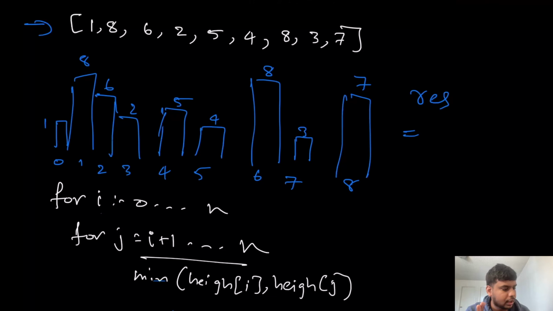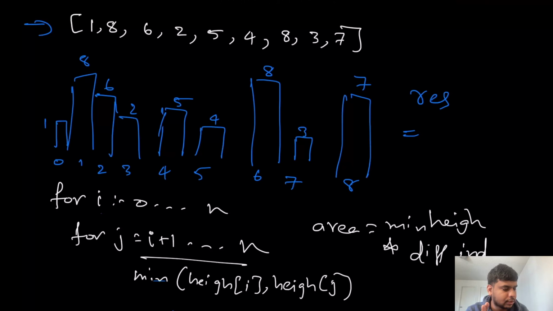Then the area will just be min height into the difference of index, whatever the difference j minus i is. So you will do it like this, and finally, after both the loops, you will find the area of the container which is maximum. That container will hold the maximum water.